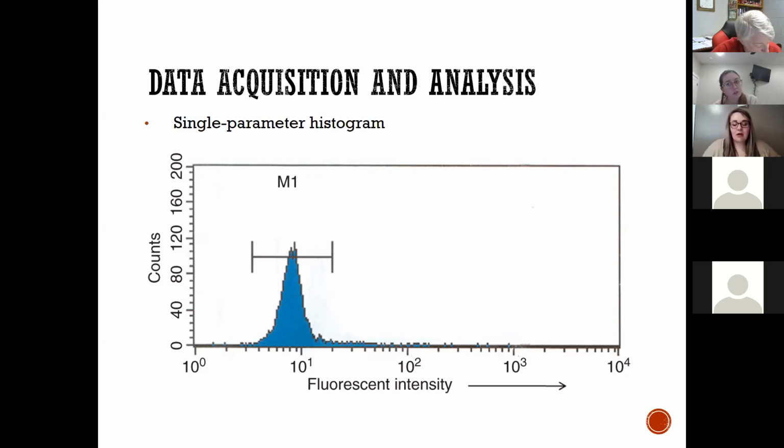Was that a choice? What were the choices? Because I don't think it's forward or side. It was forward, right, red light emitted by phycoerythrin, or polarized light. Well, I know it's going to be here.